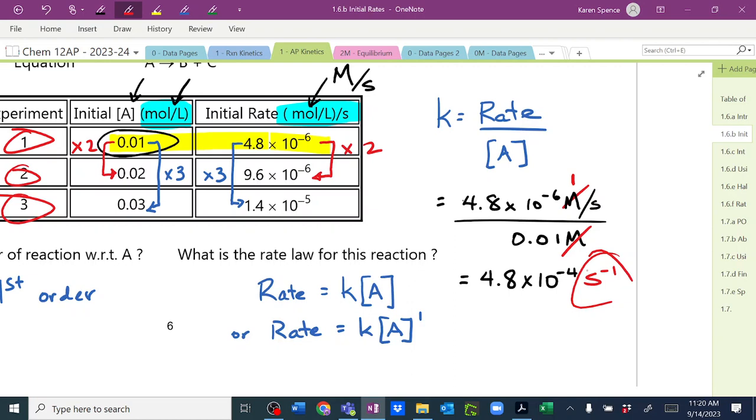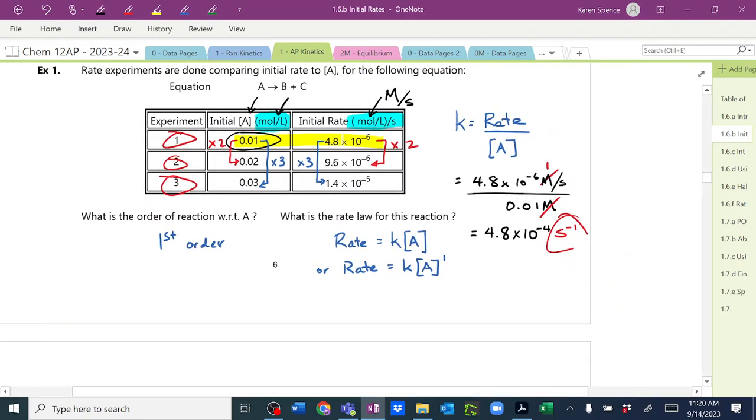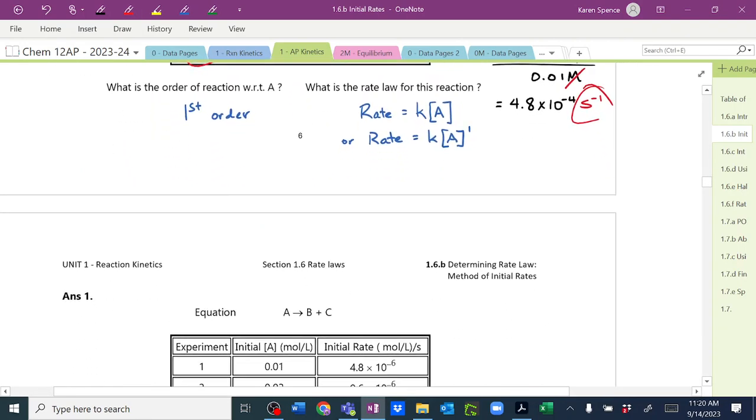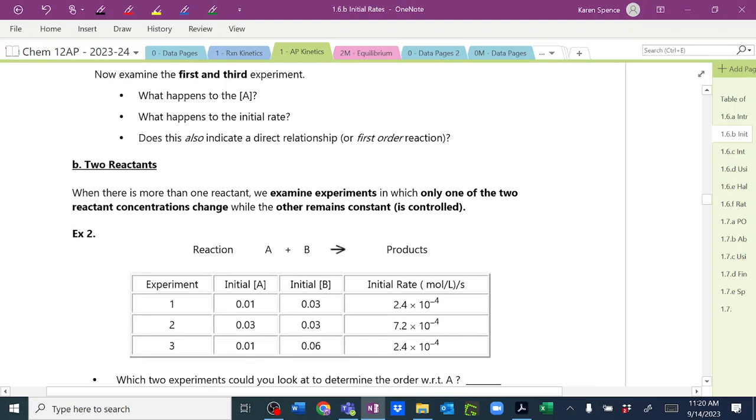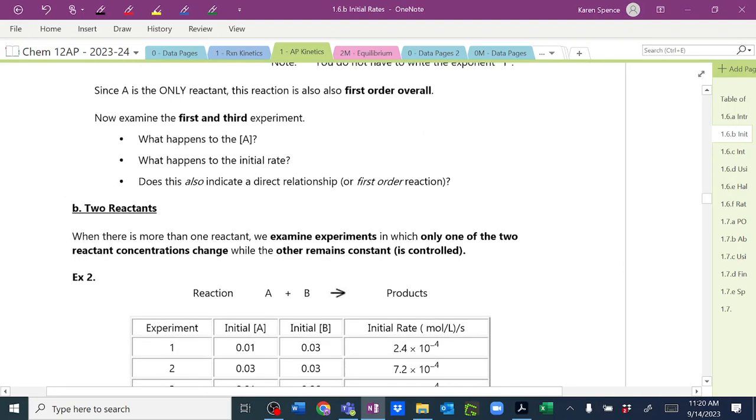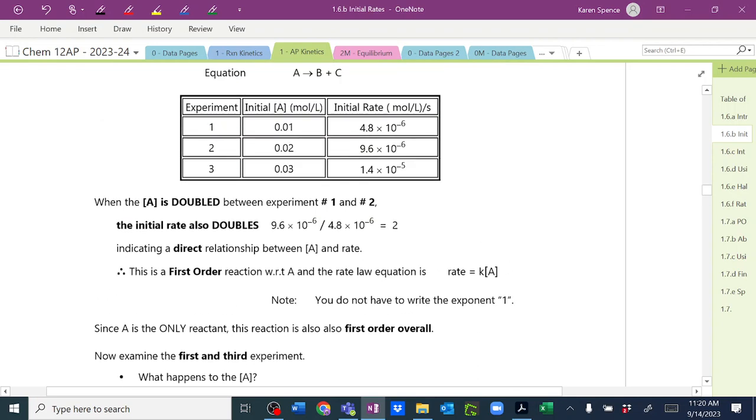Yes? Okay. Ooh, look, we have 2 reactants now on our next page. We're skipping this because this was just the answer. Yes, Alvin. Pardon me? No. It will change depending on the order. So for a first order reaction, it's always seconds to the negative 1.